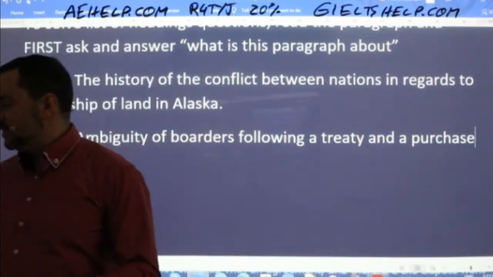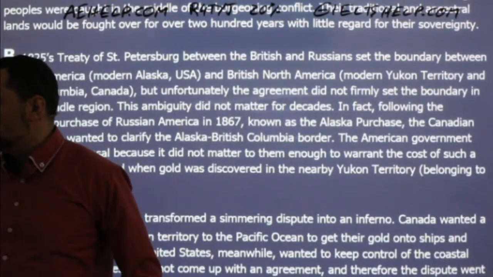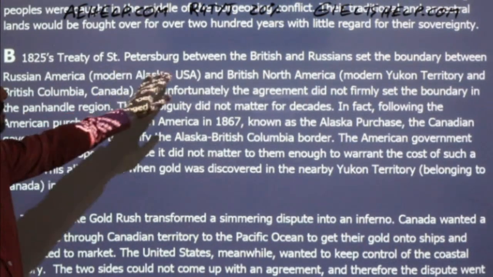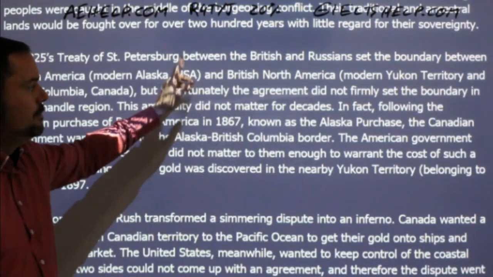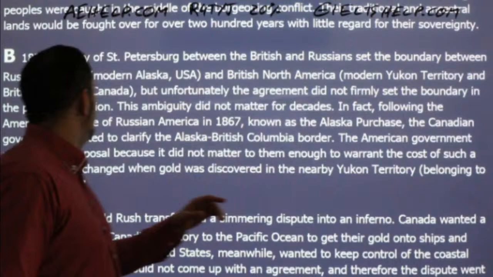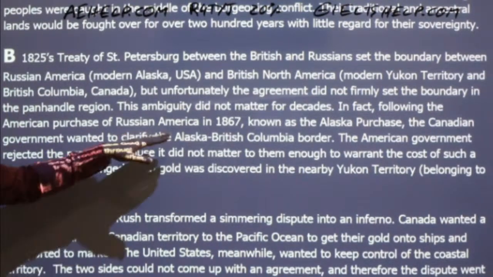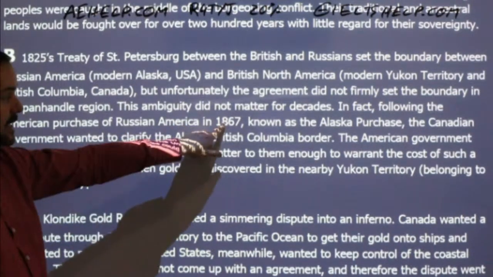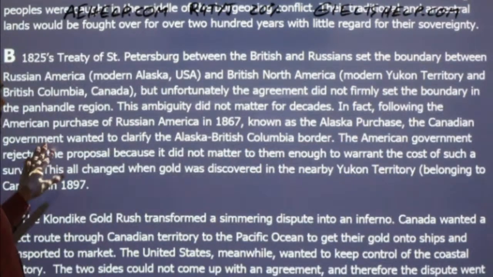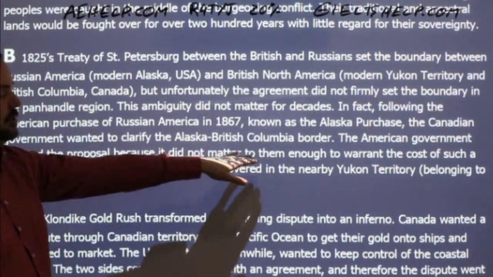So the reason why that's important, and I think all of you got this, is that at the beginning it starts with the Treaty of St. Petersburg, right? But then later on it says, in fact, following the American purchase of Russian America in 1867, known as the Alaska Purchase, the Canadian government wanted to clarify the Alaska-British Columbia border.